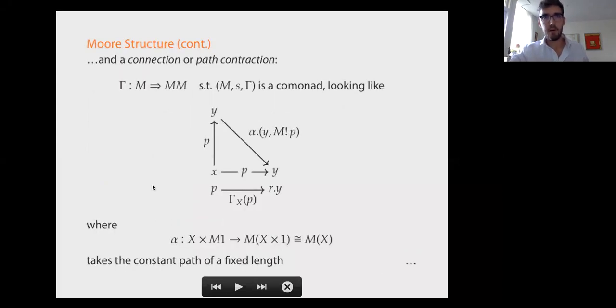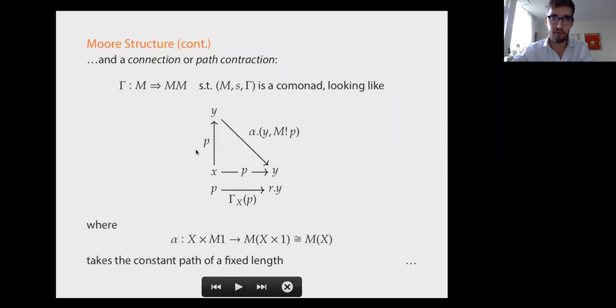And we demand more stuff to come with this. For one thing, M should be a comonad. So there is some gamma like this, and the counit is given by the source. It satisfies a whole bunch of axioms. If I have a path p in MX, then gamma X of p should produce something in MMX, a path of paths.